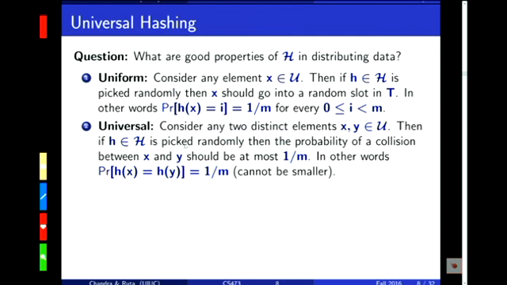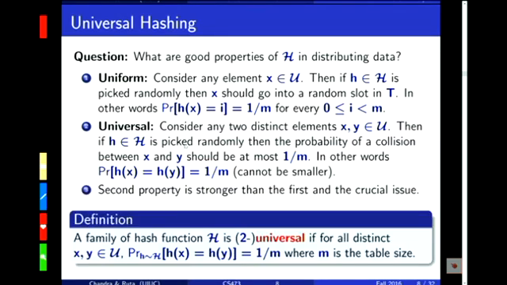So let's define such a family where for any two distinct x, y, when we pick h at random from the family, the probability that h of x equals h of y is 1 over m. Then we call it universal. It's also sometimes called 2-universal because we are saying that no two elements collide with more than 1 over m probability. You can extend this to k-universal where you can have k elements that don't collide with 1 over m to the k probability.